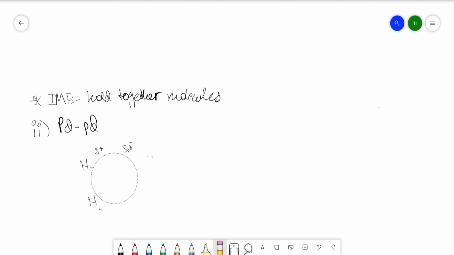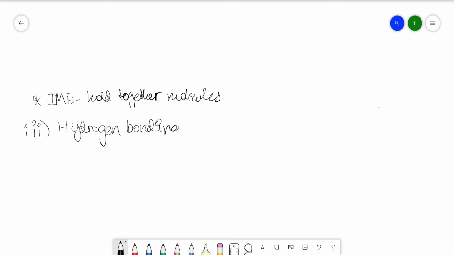And lastly, if you take bio, you probably know what this is. It is hydrogen bonding. Hydrogen bonding is formed when a hydrogen is directly attached, like a polar bond is formed, between a hydrogen and a very electronegative atom. More specifically, it's when F, O, or N is attached to a hydrogen directly.